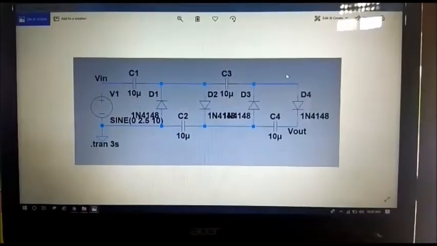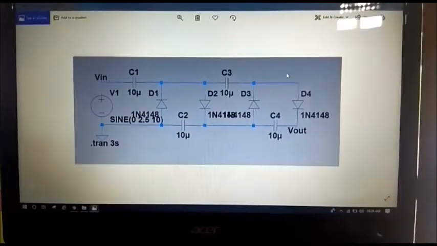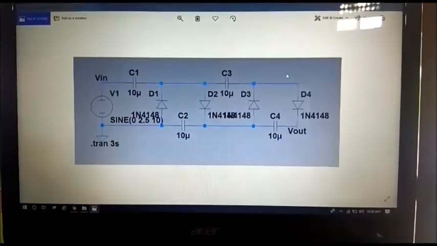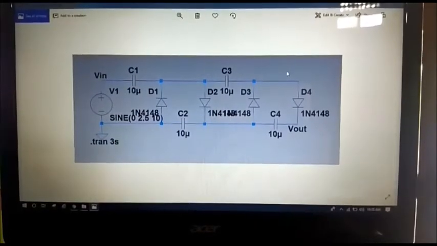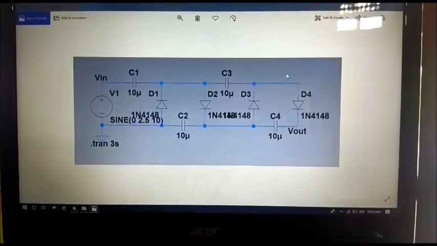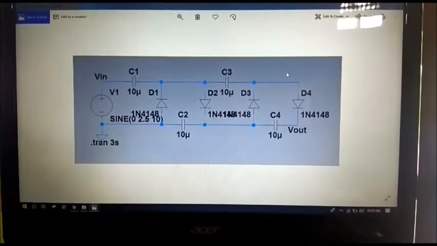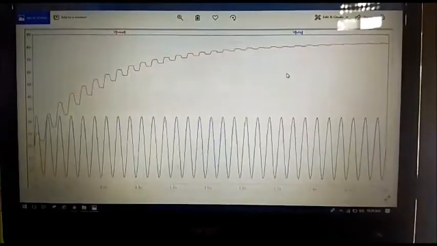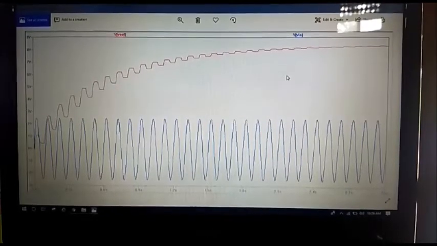Next is the circuit of the Cockcroft Walton multiplier. Again, we use 10 microfarad for C1, C2, C3 and C4 and 1N4148 for D1, D2, D3 and D4, with a sine input of 2.5 volt and 10 Hz frequency. We obtain a DC output of 8 volt.